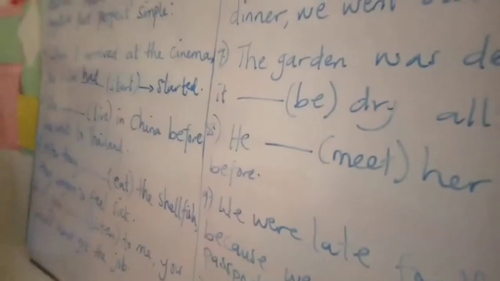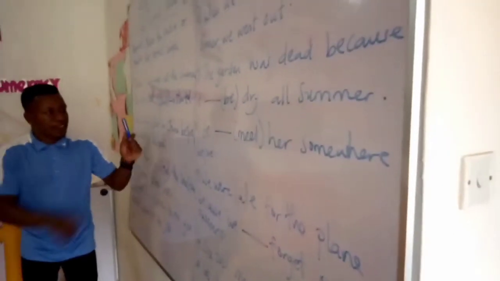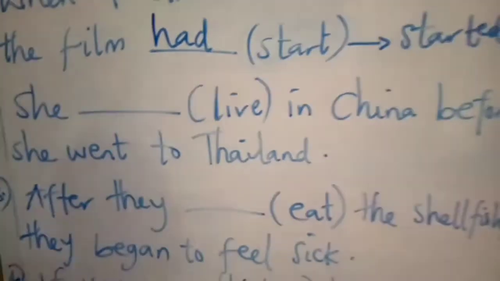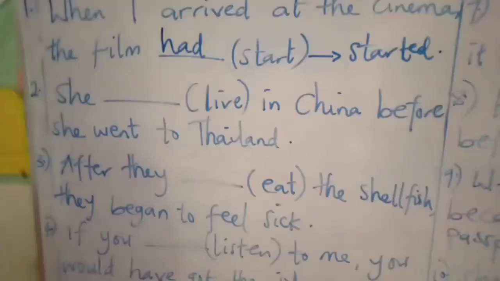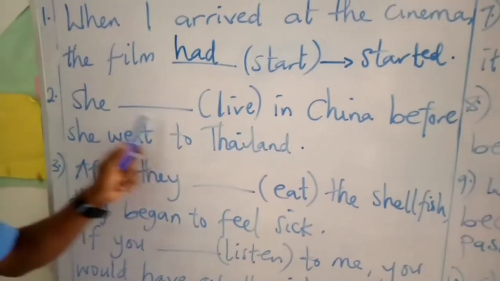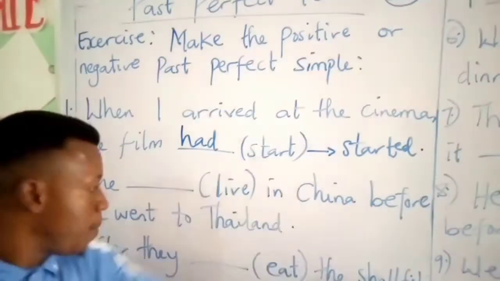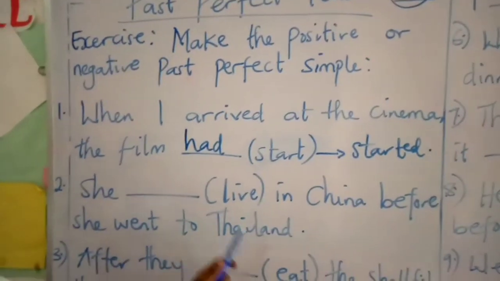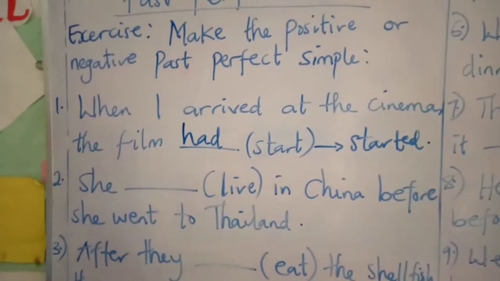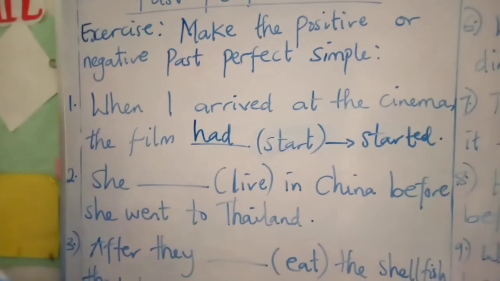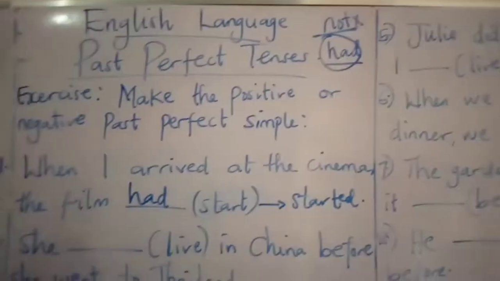Number two, she dash leave in parentheses in China before she went to Thailand. So what we'll have here, remember the past form of have.